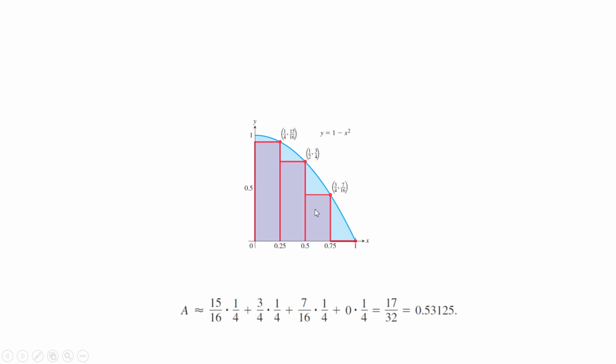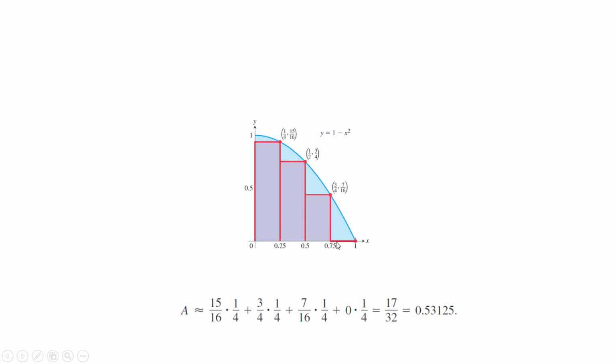This is a picture of the lower sum. In this case, we have the same function y is equal to 1 minus x square, and we subdivided the interval 0, 1 into 4 equal subintervals. And in order to draw the rectangles, this time we are choosing the lowest value, that is the minimum value of the function in the interval. And since the function is decreasing, it lies on the right end point of the interval.